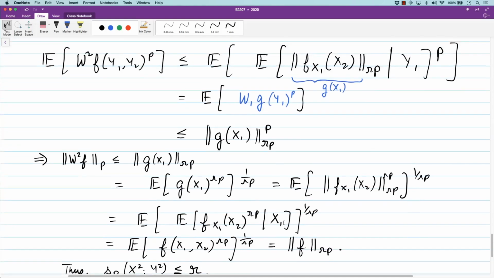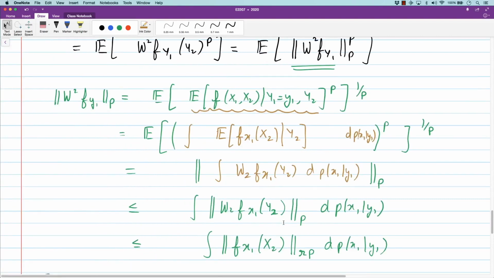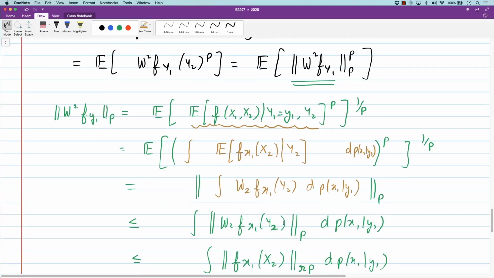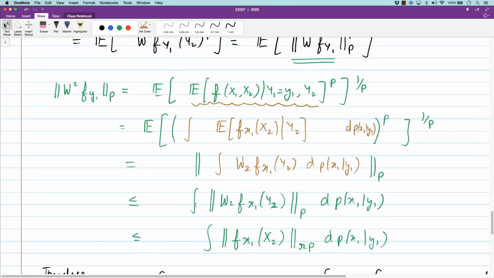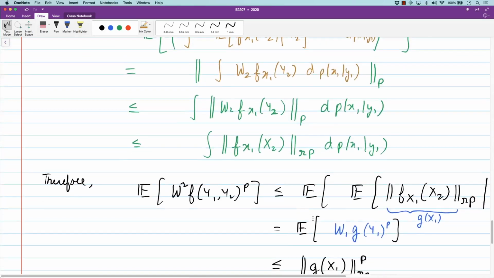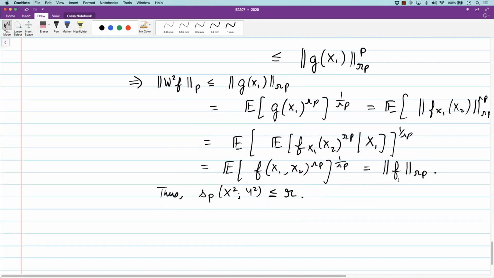That's the proof. The proof was a bit tedious because of notation, but I think this is a very delicate proof. For example, here, instead of taking the pth norm, if you take the pth norm to the power p and use Jensen's inequality instead of Minkowski inequality, then you will not get this bound. You will get a weaker bound, which will not give you this hypercontractivity.